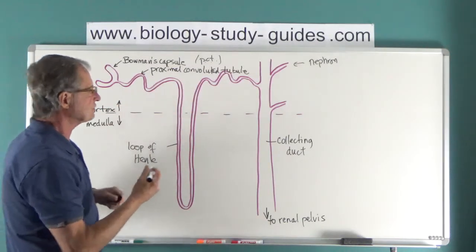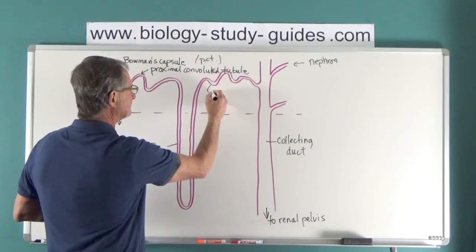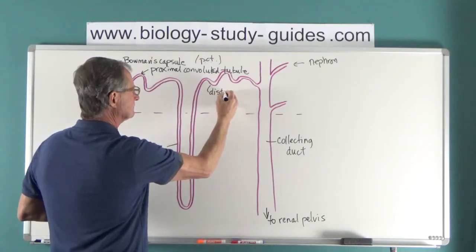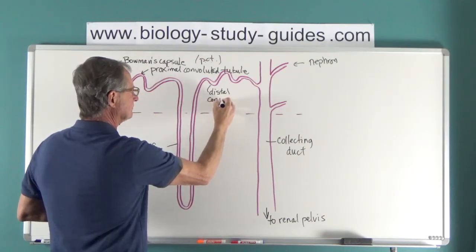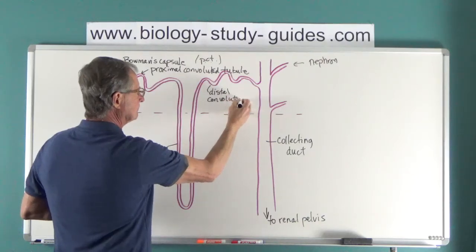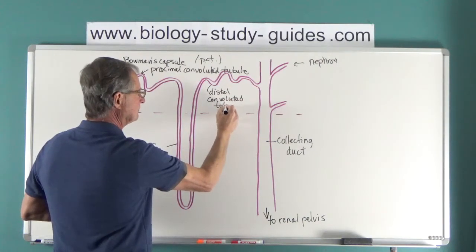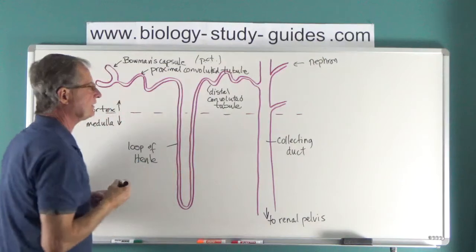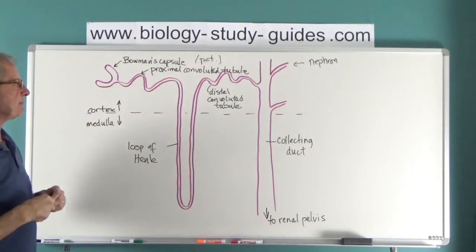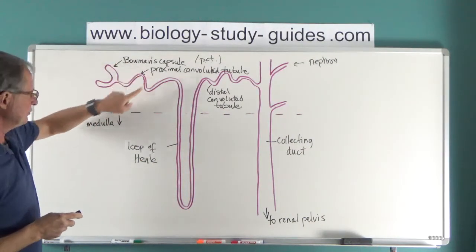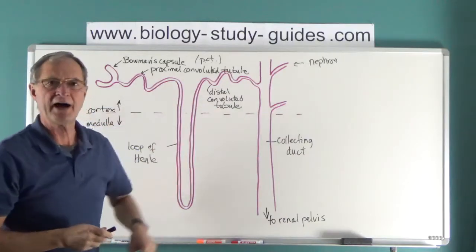This is the distal convoluted tubule. And the collecting duct. So in terms of the numbers of structures, 1, 2, 3, 4, 5.